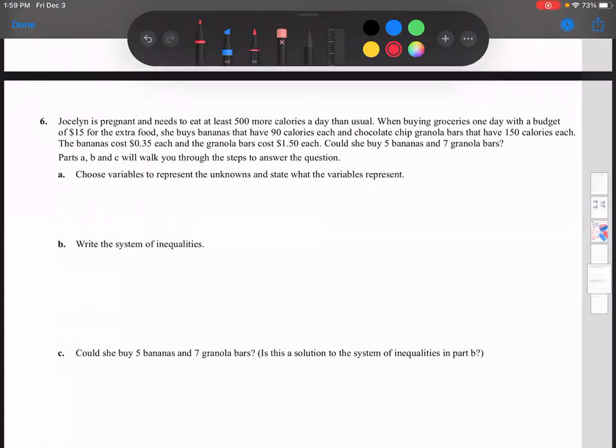What's X and what's Y in context? The number of bananas. Yeah, it has to be a specific number of bananas. And then let Y be the number of granola bars.